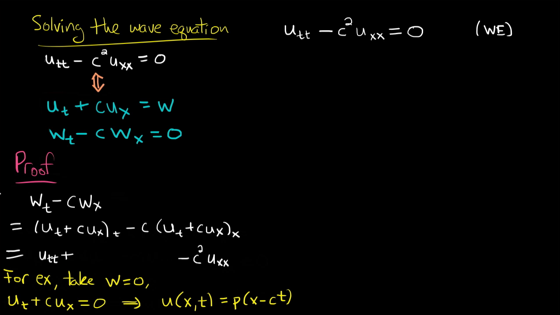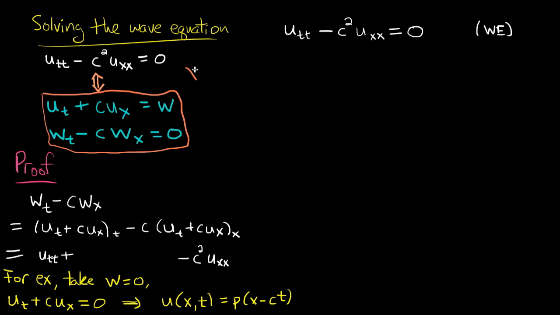Now you may have noticed that when I started this argument, I sort of arbitrarily took u and plugged it into ut plus cux and called the result w. And as a result, I got these two transport equations as being equivalent to the wave equation.